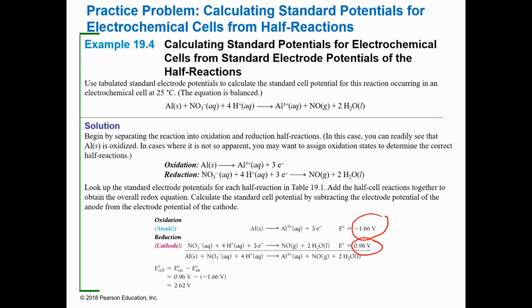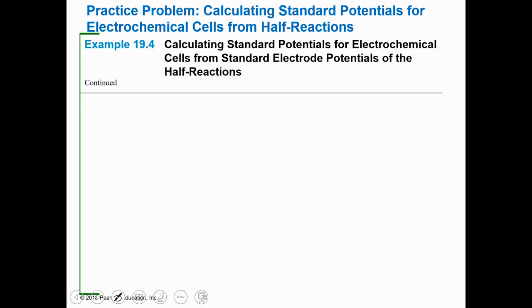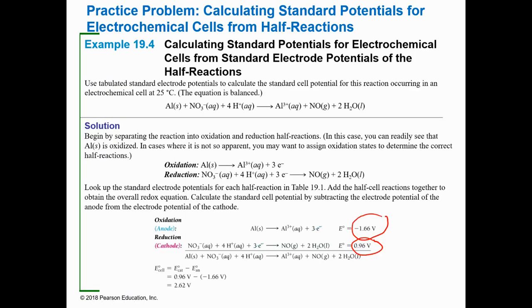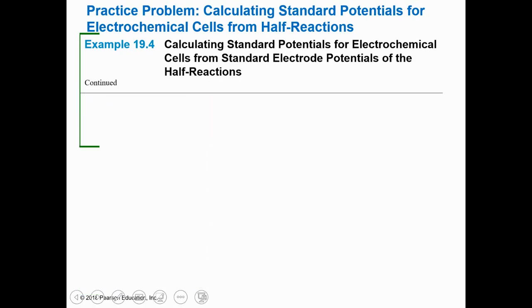Maybe these are the flipped values. Because I don't have the table up, let me see if there it is. Okay, so that aluminum was negative 1.66, but notice here the electrons are on the reactants, but here they're on the product. So I would have preferred y'all to do this, say plus, and then just add them. Okay, so that 2.62 volts.